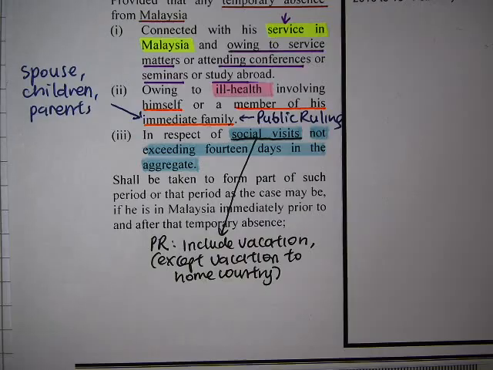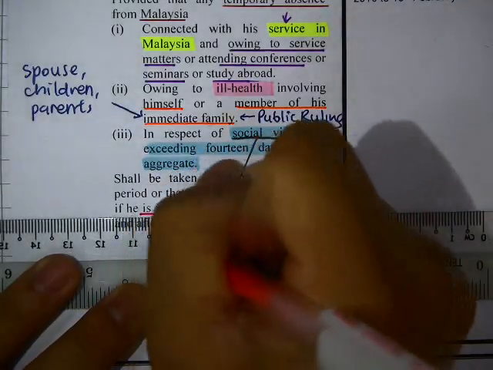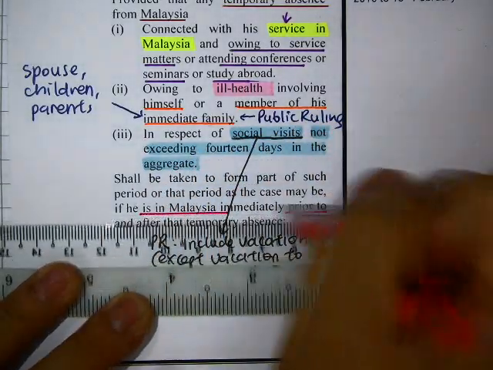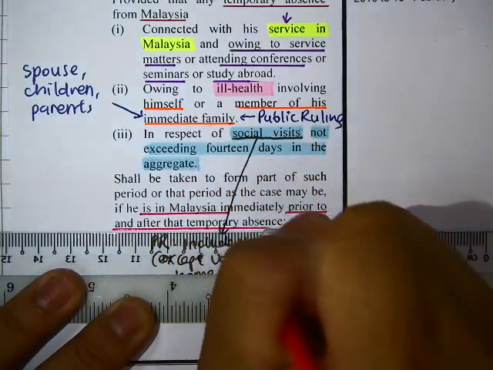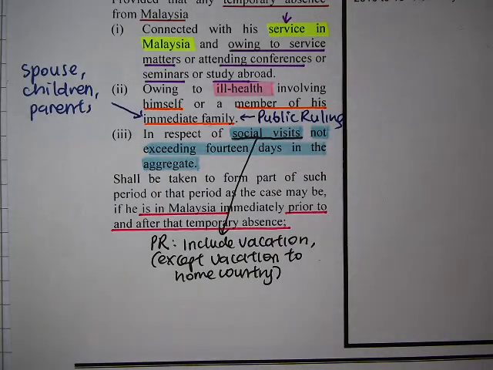So even though we deem that you're in the country, there's another requirement that he must be in Malaysia prior to and after that temporary absence. What do you mean by prior to and after? A simple way to understand this is, the TA cannot overlap more than 2 years. It can overlap 2 years, but cannot overlap 3 years.